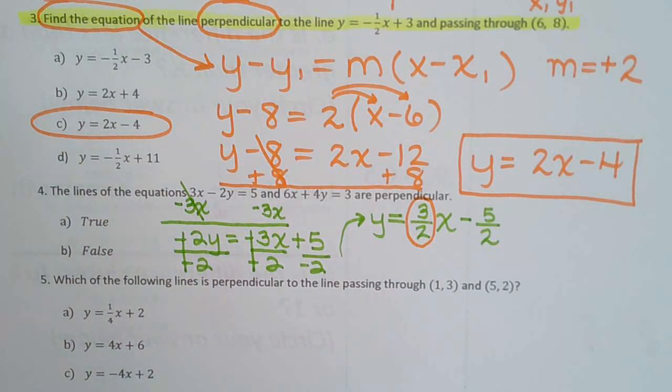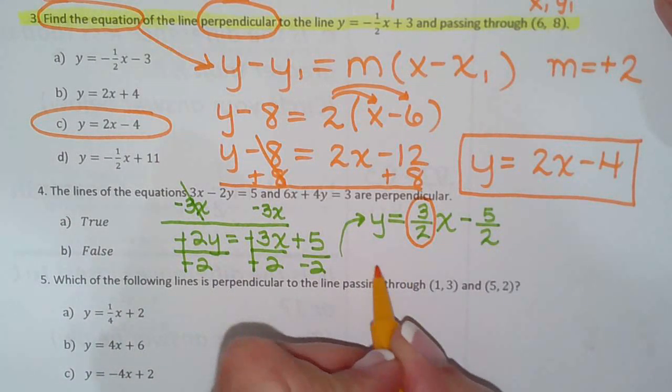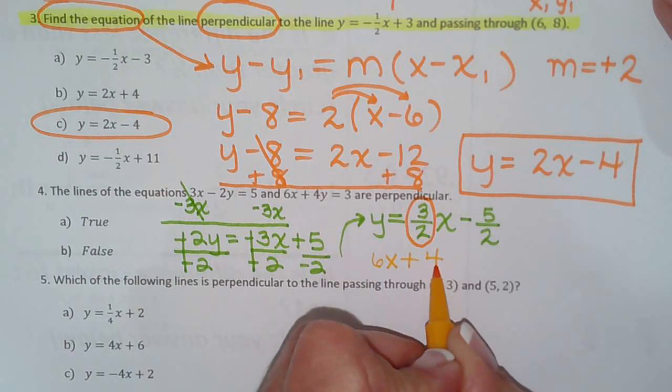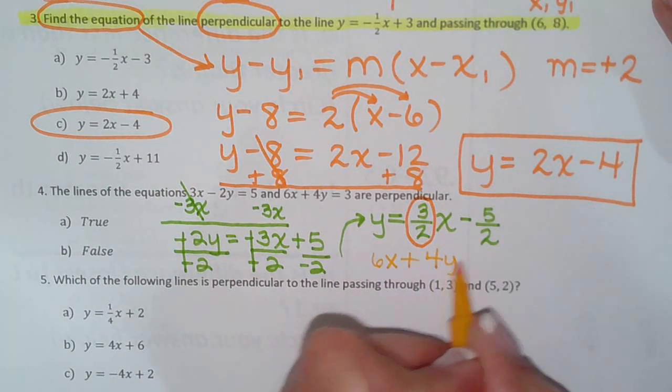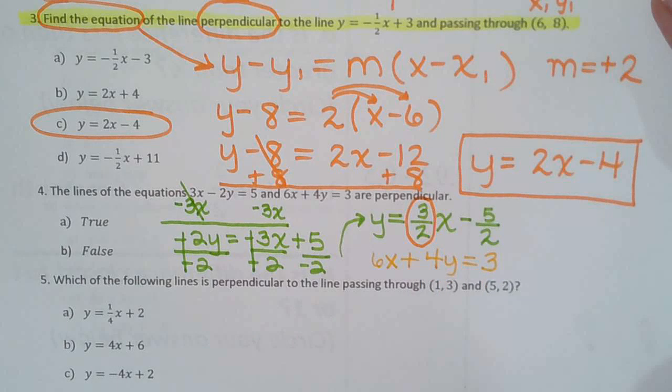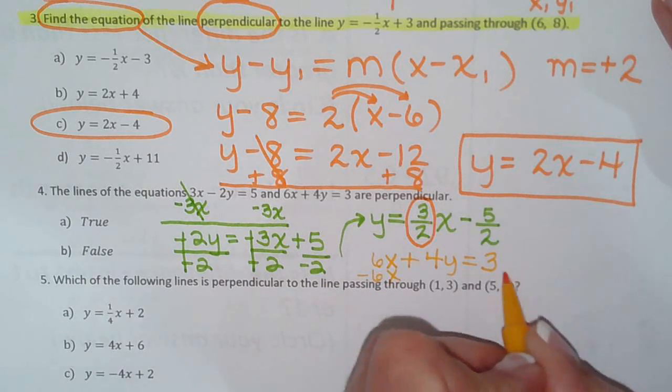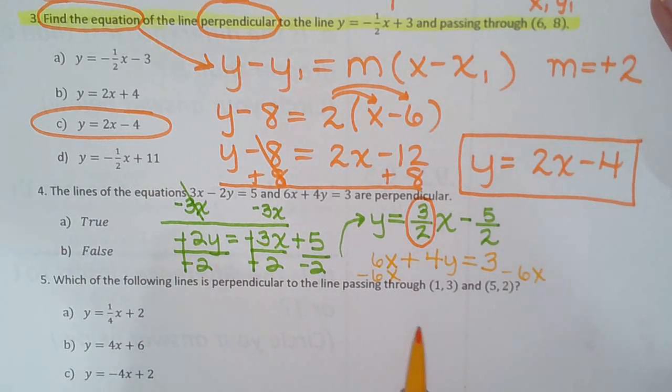So now let's do the second equation. So 6x plus 4y equals 3. We need to get y alone. So we're going to subtract 6x, subtract 6x.